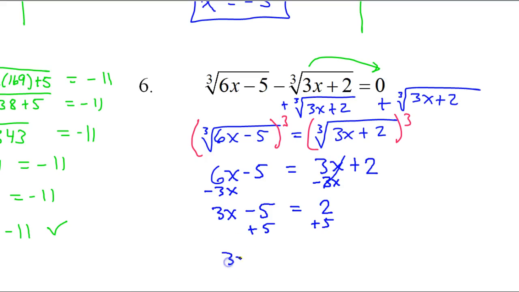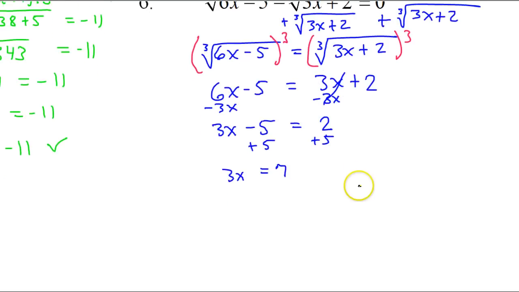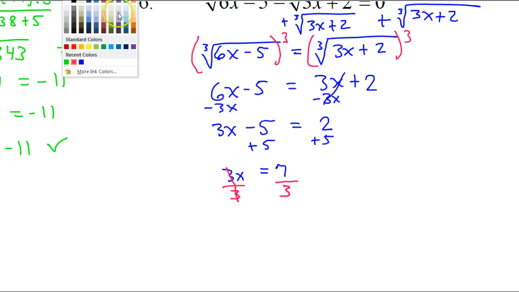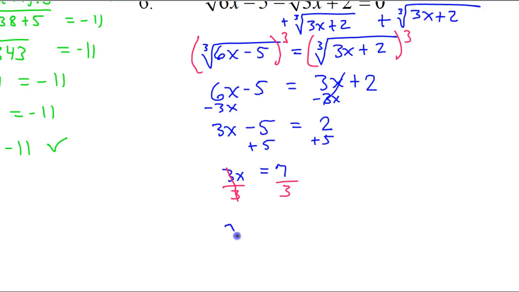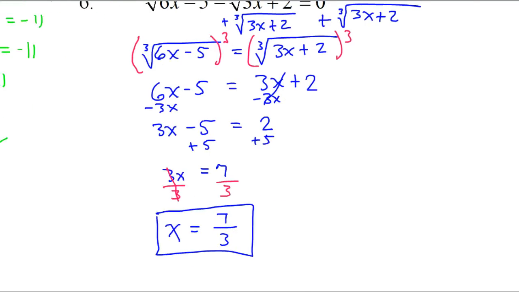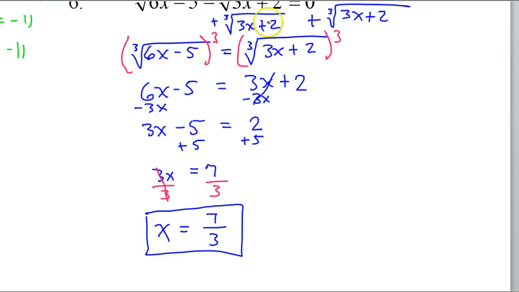So that'll give me 3x is equal to 7. And time to divide by 3. So that will leave me with x equals 7 over 3. Alright, so this might be the answer, but we won't know for sure until we check.